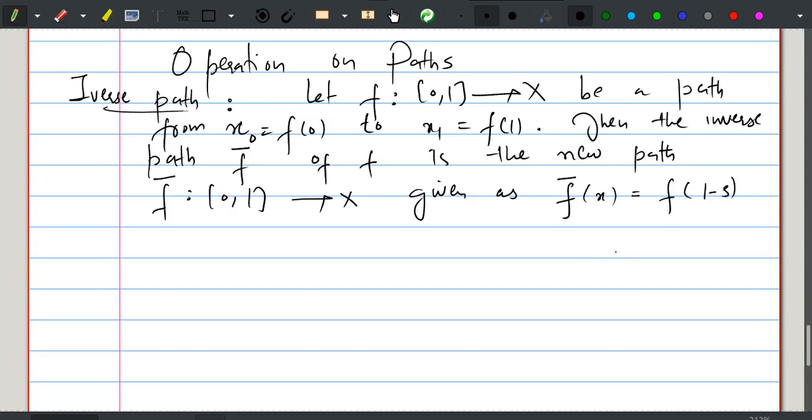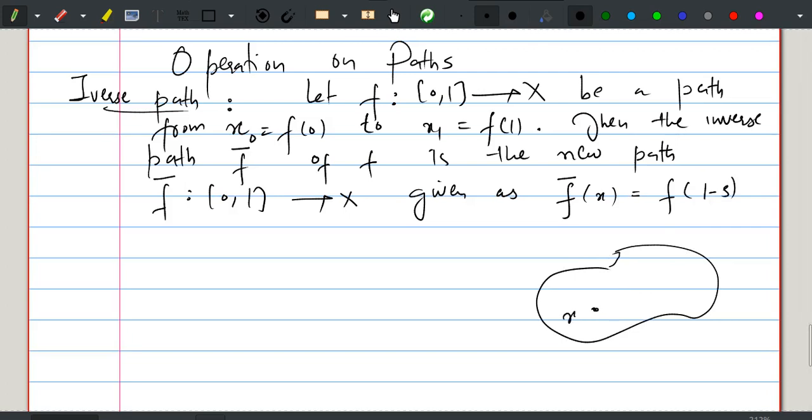Now suppose this path f is from x0, which is equal to f of 0, to f of 1, which is equal to x1. So this is traveling along this direction from x0 to x1.